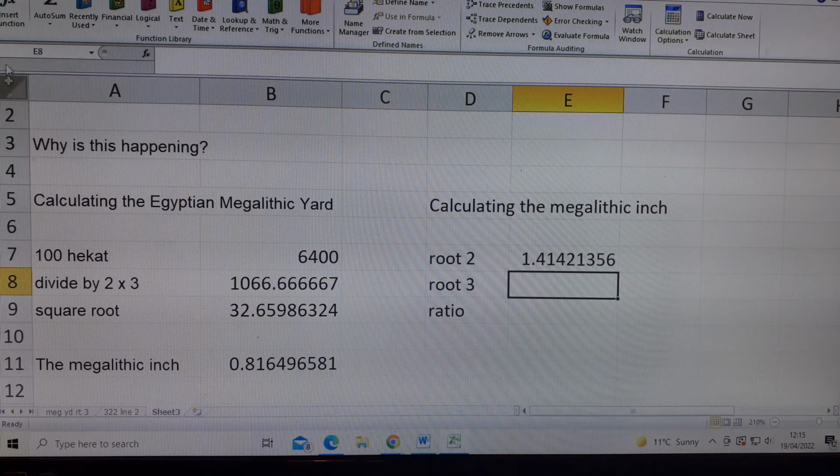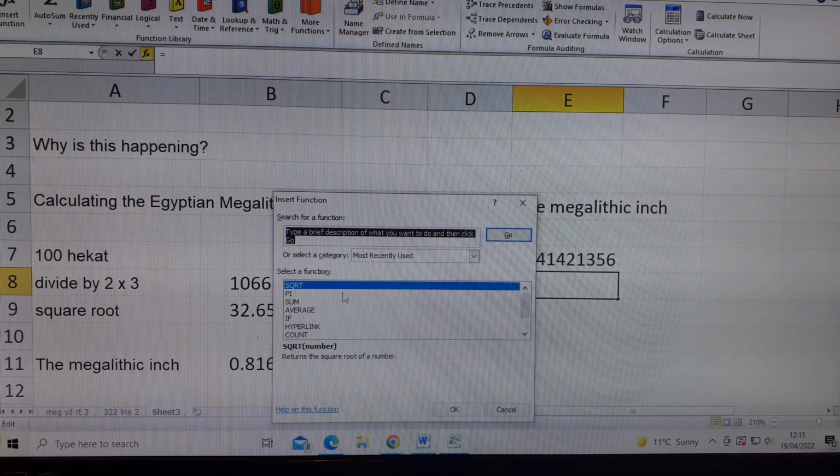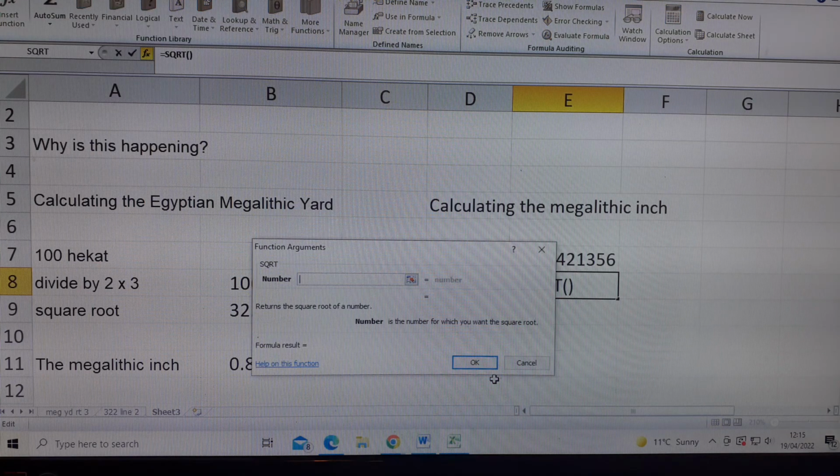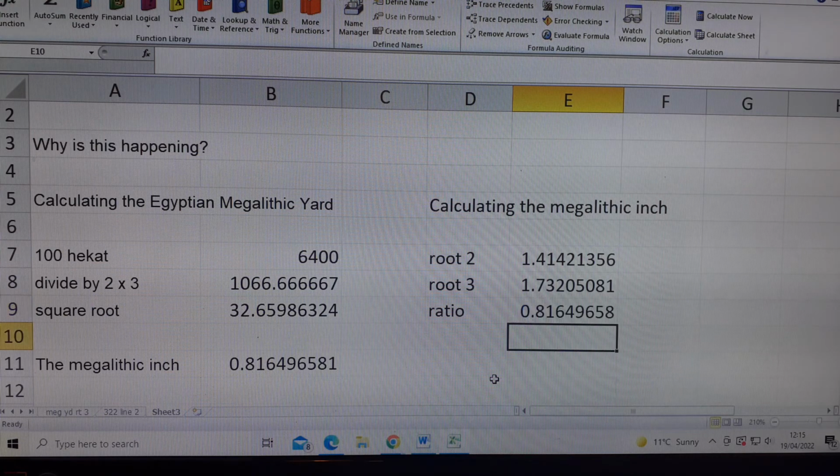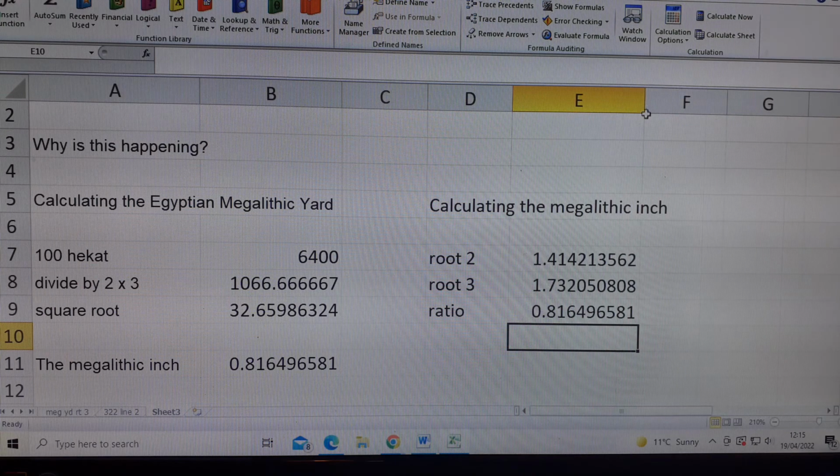And the same for root 3, insert function square root, put 3 in there, we get the square root of 3. And here is the megalithic inch, the ratio between root 2 and root 3. Exactly the same number. How on earth did these people do it?